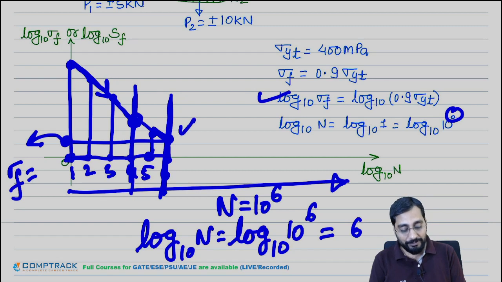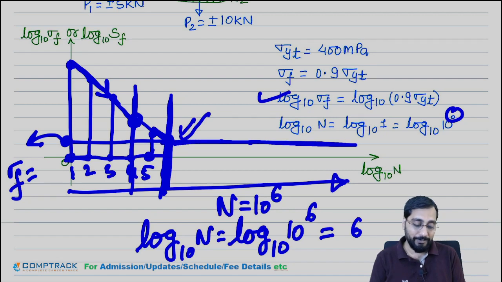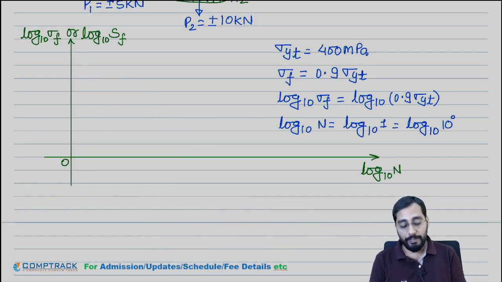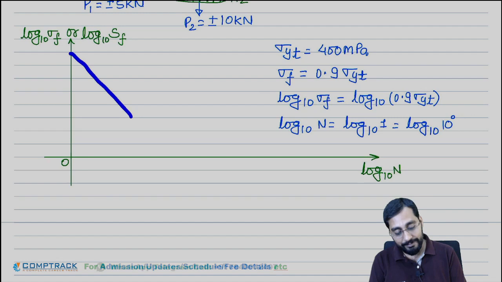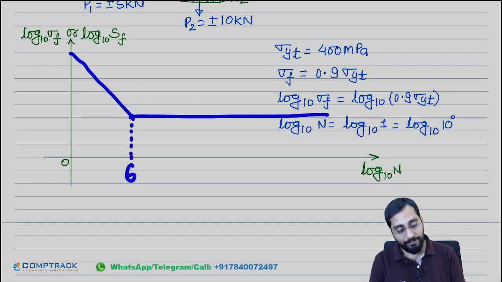So this is the maximum value of completely reversed cyclic stress at which the material will complete 10 to the power 6 cycles. If you apply less stress than this, then the curve will become a straight line. So the curve will come like this, and after 10 to the power 6 cycles the curve will become asymptotic. Asymptotic means horizontal.